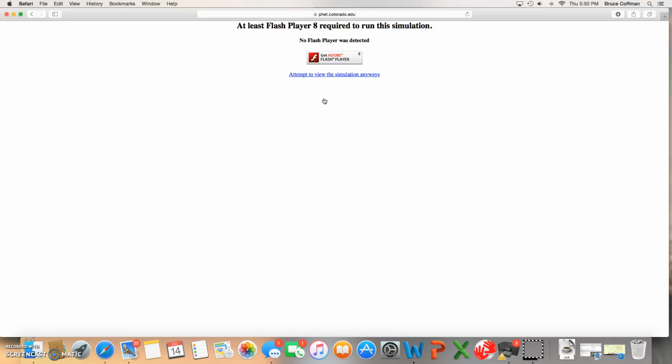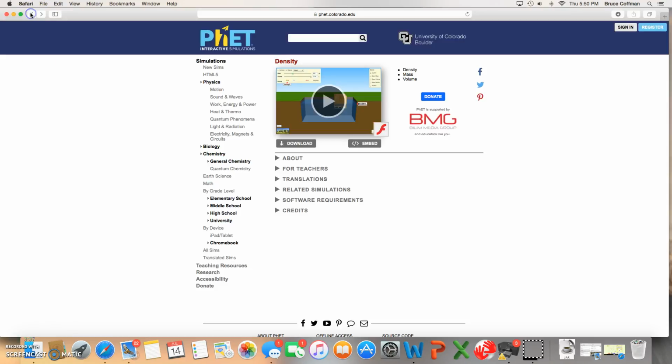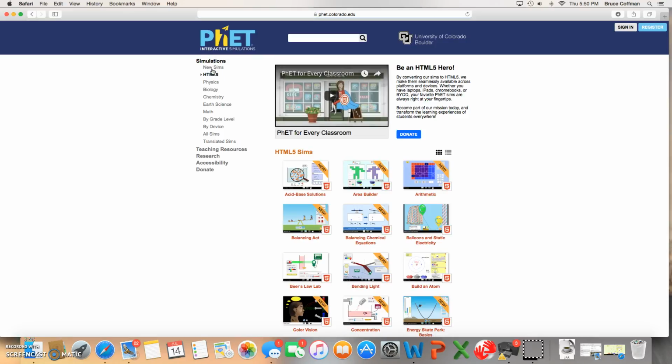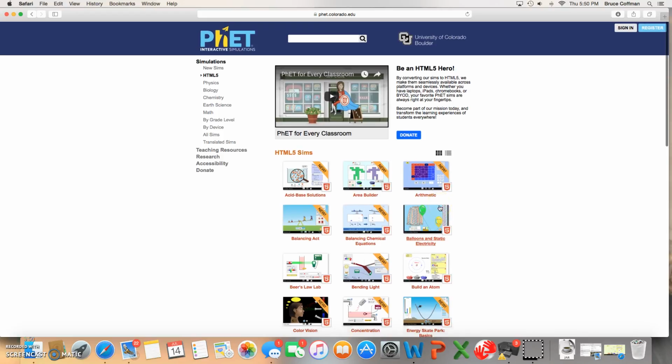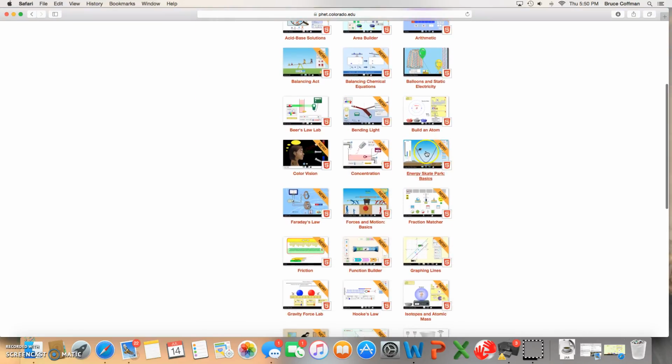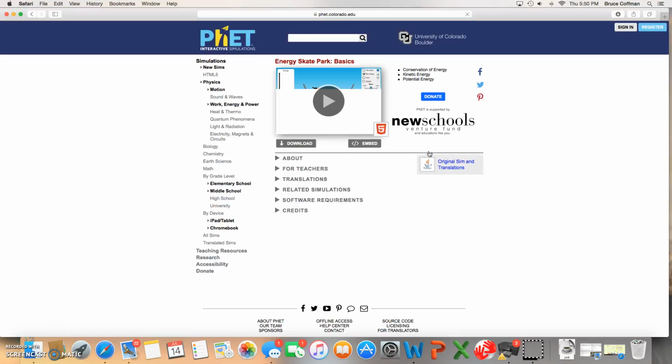I can't do this one here because they haven't upgraded their Flash. So I'm going to just stick with the HTML5s because that's what I'm basically running here. There's some that are very difficult. This is actually a very popular one right here.